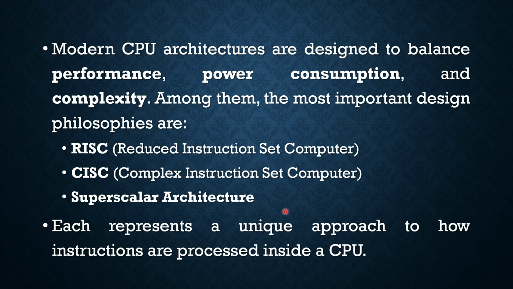Based on that, three different designs are there. The first is reduced instruction set computer, the second is complex instruction set computer, and the third is superscalar architecture. Each represents a unique approach to how instructions are processed inside a processor.